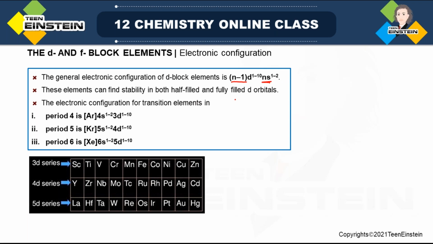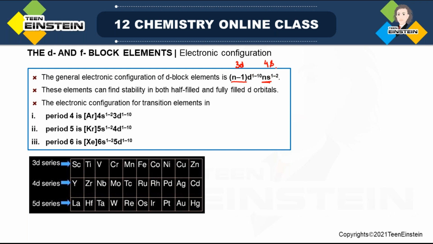Sometimes you may find, in at least 2 cases, where it is ns1. Otherwise, it is always ns2. So if n is the principal quantum number, just consider the first series. If it is 4, then this will be 3, that means 4s and this is 3d. Or if it is 5s, it will be 4d. If it is 6s, it will be 5d.